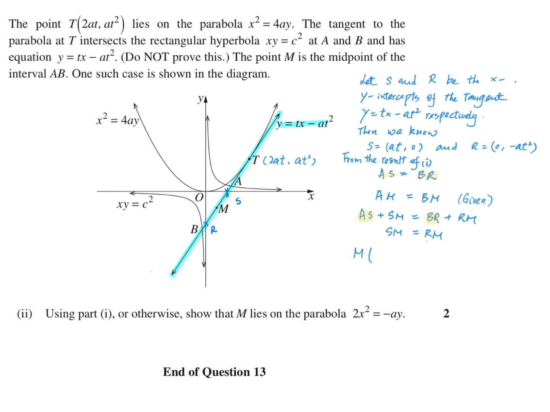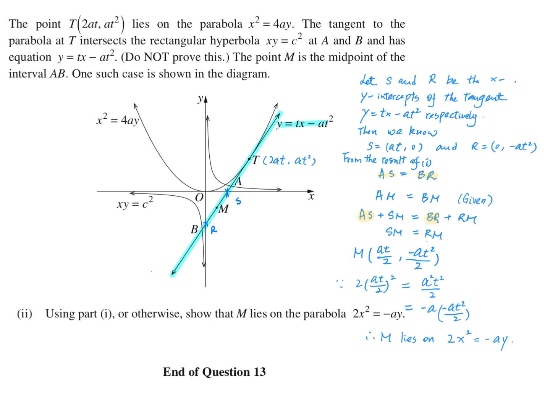Now we know that M is also the midpoint of S and R. Therefore, by the midpoint formula, we know that the x coordinate of M should be at plus 0 divided by 2. And the y coordinate of M should be 0 plus minus at squared divided by 2. Now with the coordinates of M available, we can check whether M lies on the parabola 2x squared equals minus ay.